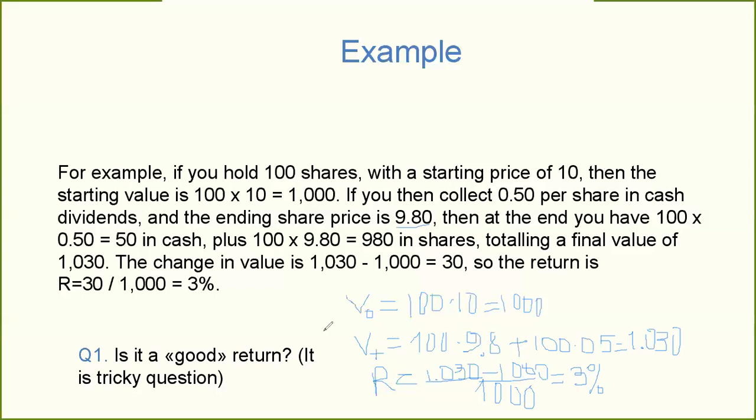And my question, is it a good return? I think that it's just a little tricky question. Who would like to answer? So it depends on the alternatives we had.